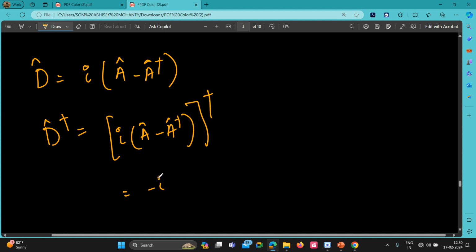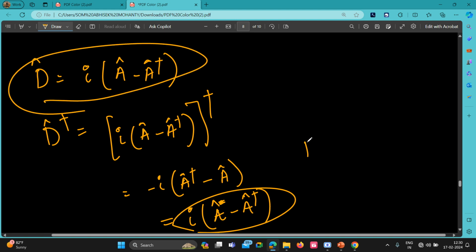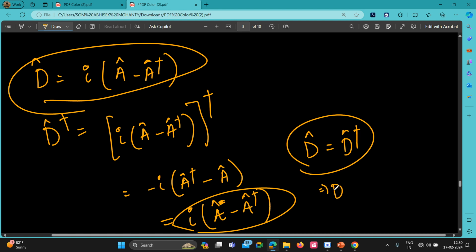That will be minus i (A dagger minus A dagger dagger, which is A). If I multiply the minus inside, it will be i(A minus A dagger). So this is actually the original one. So D is equal to D dagger. So D is Hermitian. I hope you understood.